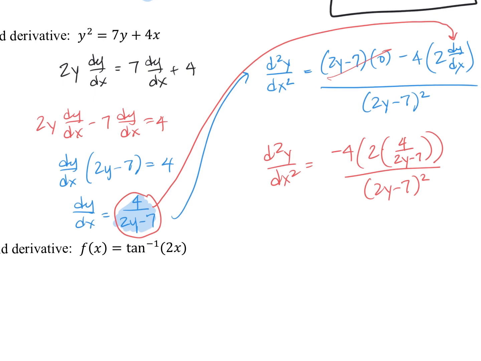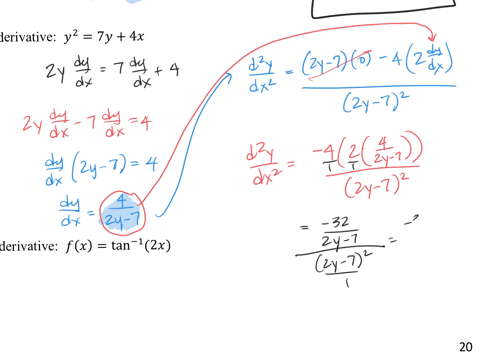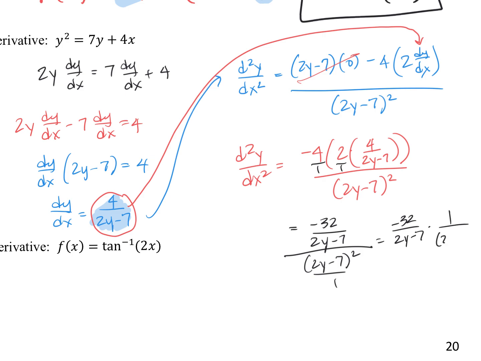If you wanted to simplify, these are technically over 1. So I would have negative 4 times 2 is negative 8 times 4 is negative 32 over 2y minus 7 over 2y minus 7 squared. And then you can multiply by the reciprocal. 2y minus 7 would be multiplied by 1 over 2y minus 7.